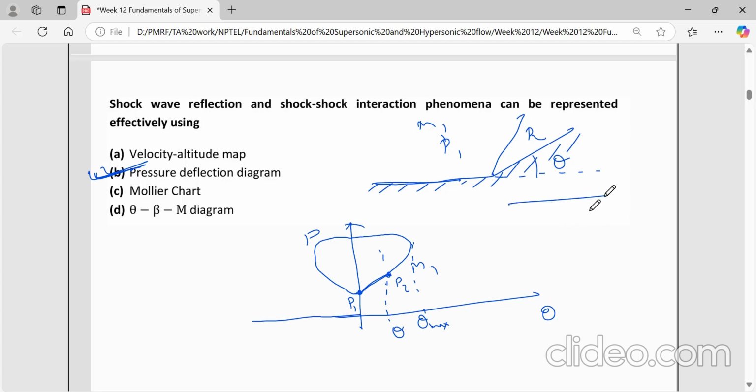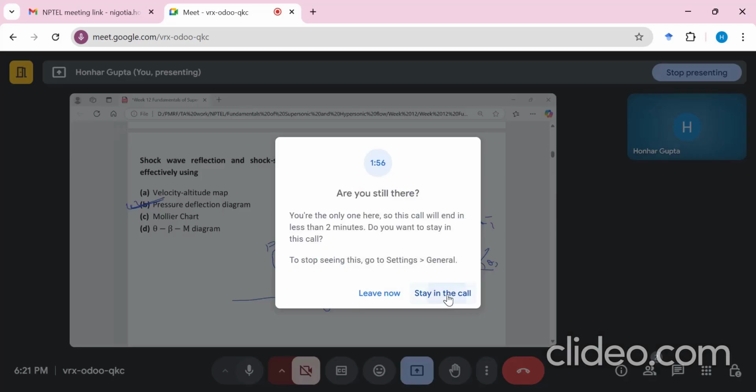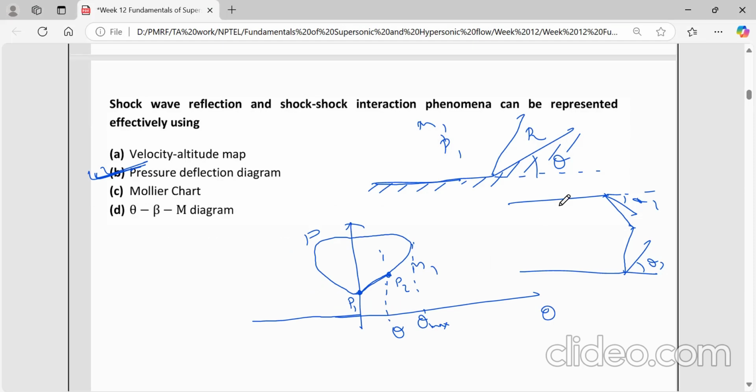Now let's say there is one pipe and there are two wedges here, with angle theta 1 and this one angle theta 2. So there will be shock interaction, like there will be one oblique shock here and one oblique shock here, and due to their interaction there will be one slip line, and this will be the transmitted shock.